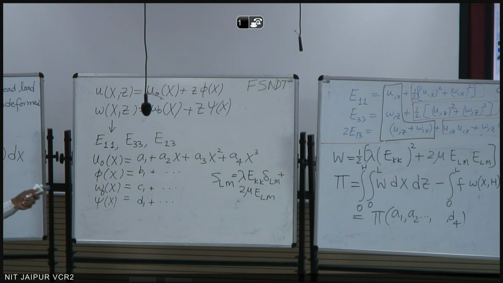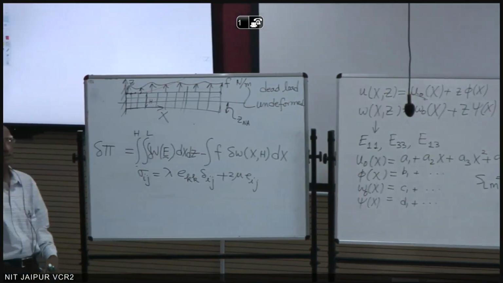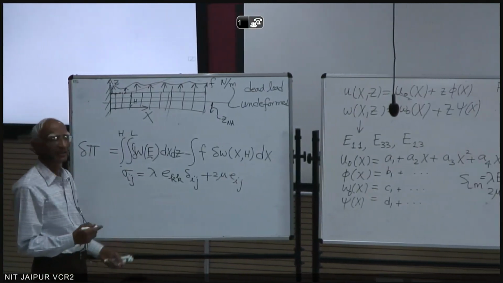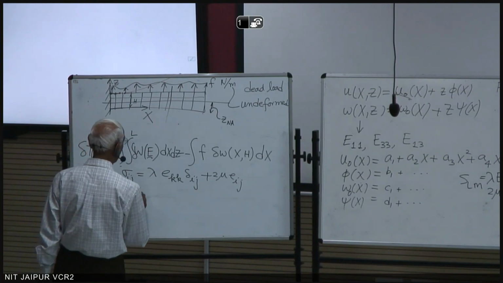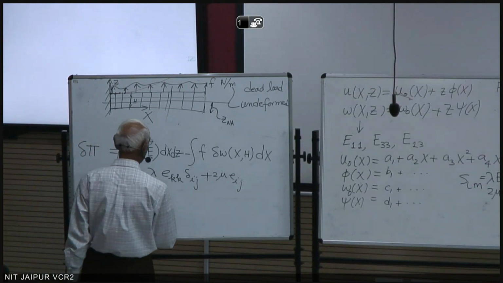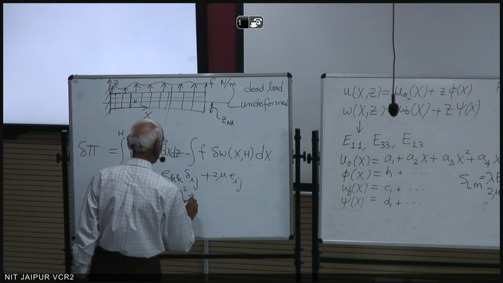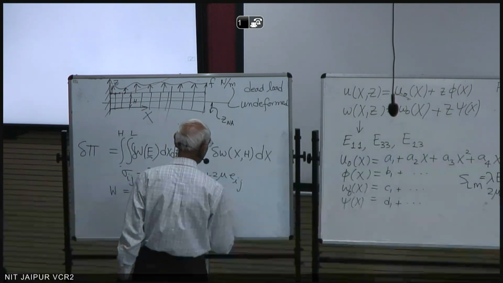So I was trying to talk about how to make an initial guess for A1, A2, A3, A4. So you do the problem for a Hookean material. The stored energy density for this one is 1/2 lambda EKK square plus mu EIJ EIJ.